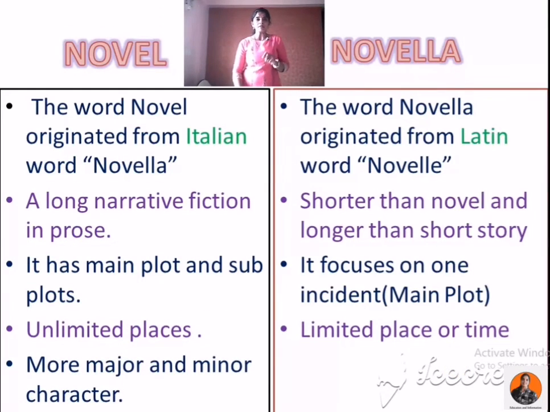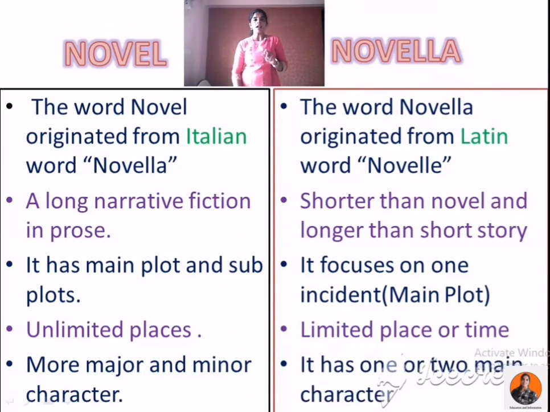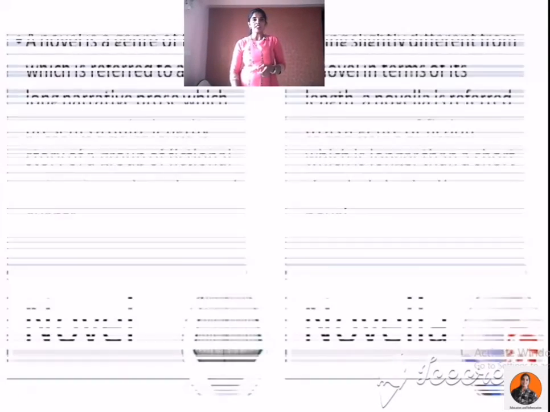And the last difference between novel and novella is that a novel has more major and minor characters, but a novella has one or two main characters. You can take a screenshot of this as it is very important to understand. Just revise it, it will be much easier.